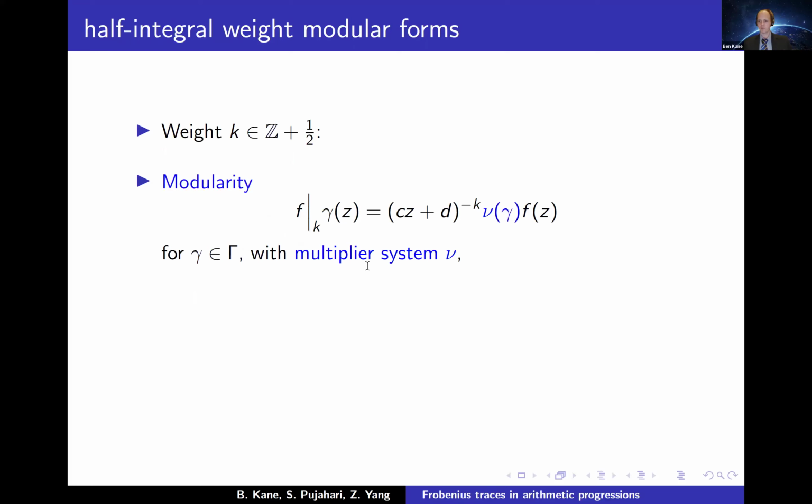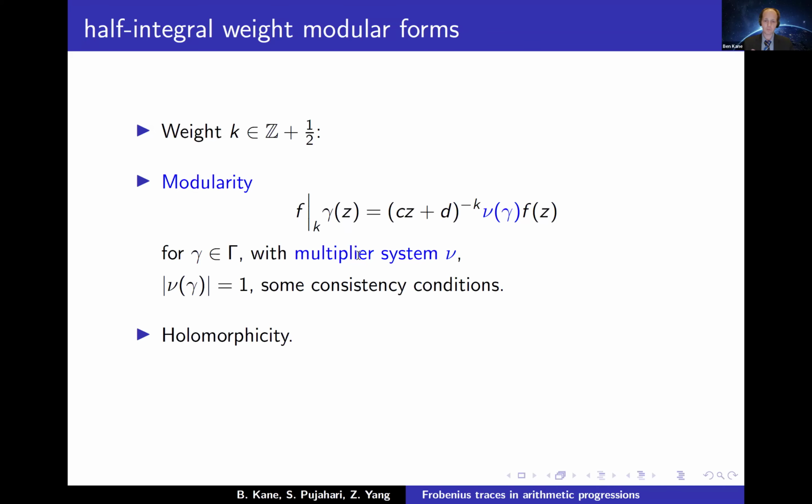Essentially, the problem is when you take the square root, you can't glue things together without a multiplier system because of branch cuts. So I like to view it simply as a fixing of the branch cuts by this multiplier system, so that you can slash with two matrices, one and then the other, and slashing with the product is the same as slashing with the first and then the second, no matter which order you go in. So there are some consistency conditions that occur because of that.